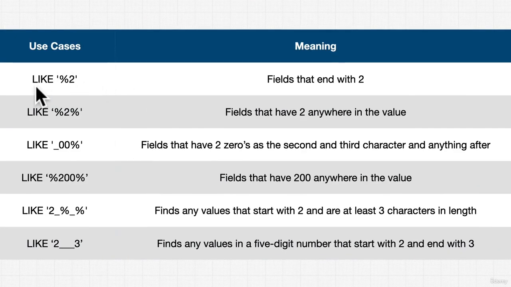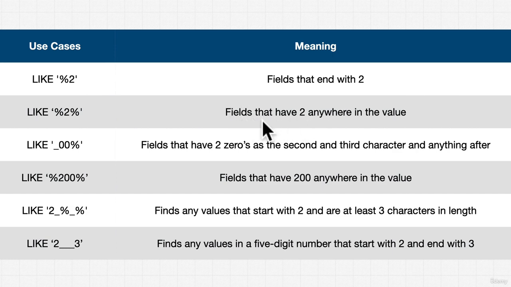Here we have like percentage sign 2, which means anything that ends with 2. And then we have like percentage sign 2 percentage sign. Find me fields with 2 anywhere in there. Okay, anywhere in there, what does that mean? Well, anything that has a 2 in it, in any given position.